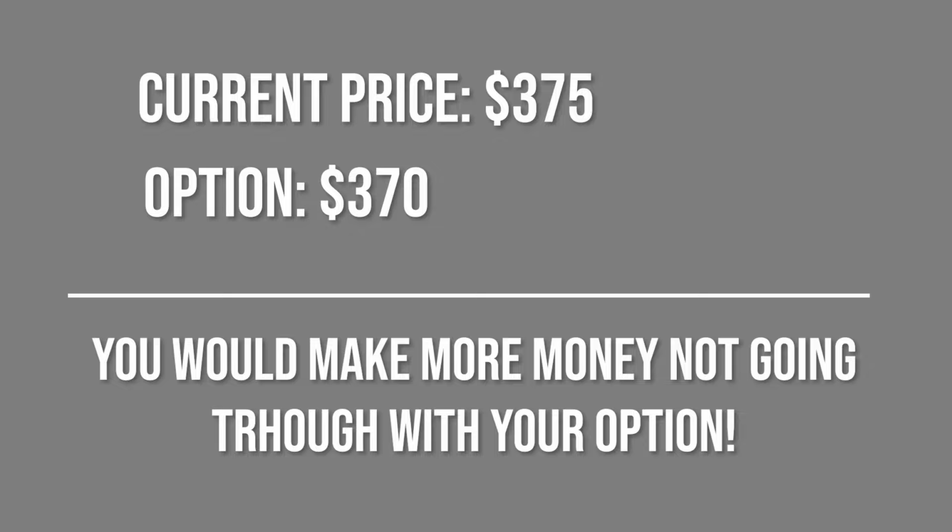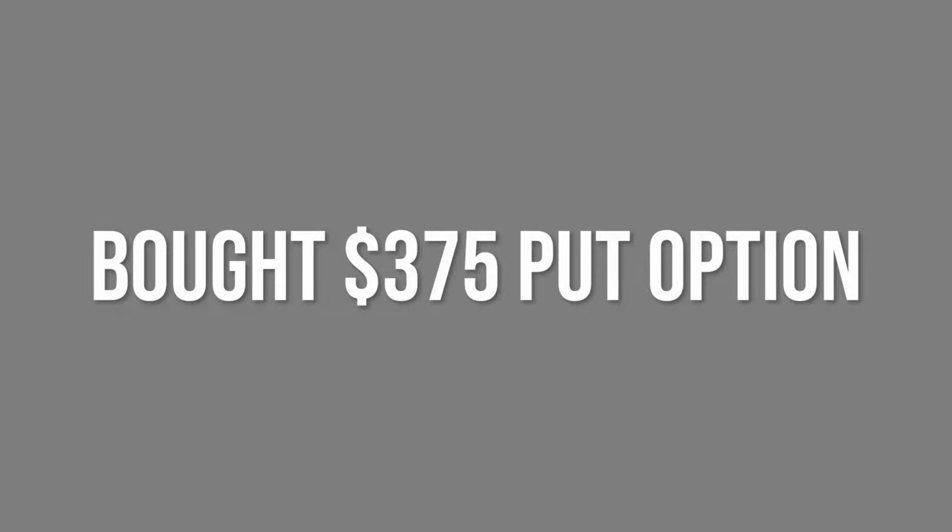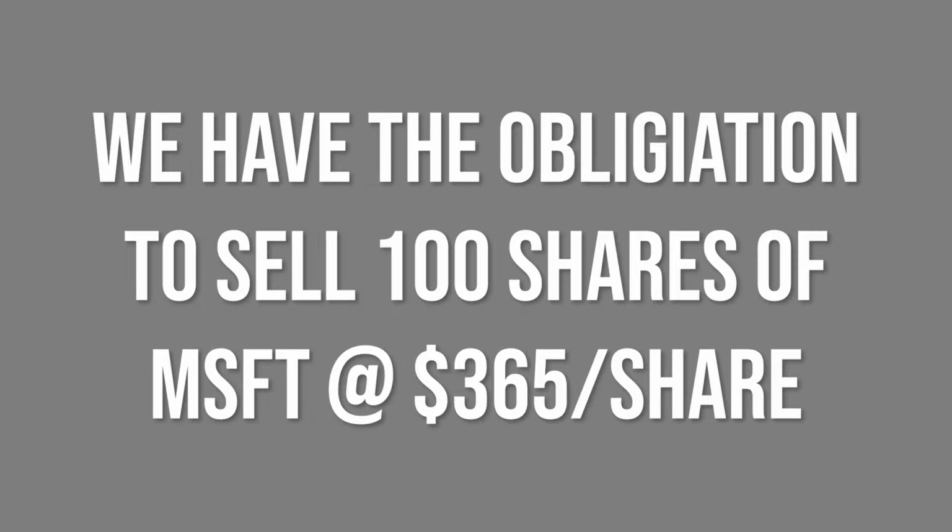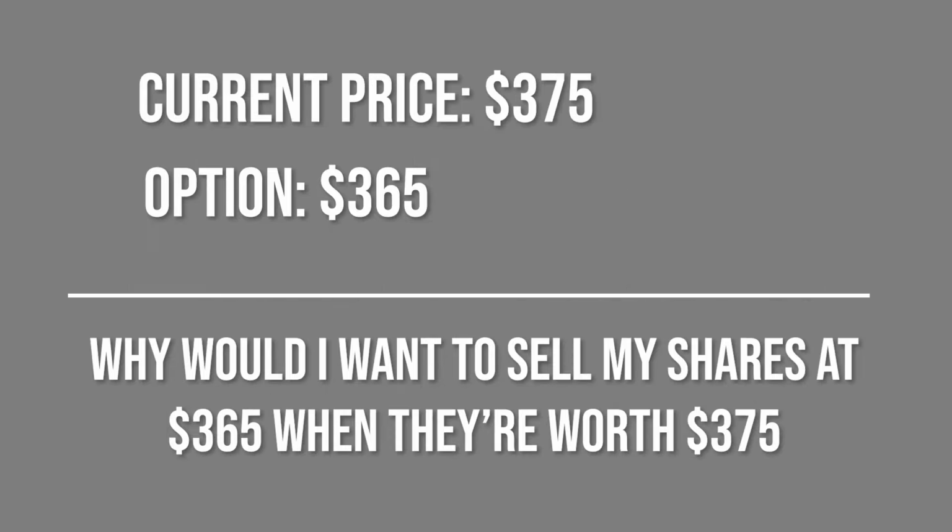That's why the option is worth $0. For the option that we bought, we as the option buyer have a right to sell 100 shares of Microsoft at 365, and it's the same reasoning. Why would I want to sell my Microsoft shares at 365 when I can sell them for 375 on the open market? Again, that's why the option would be worthless.